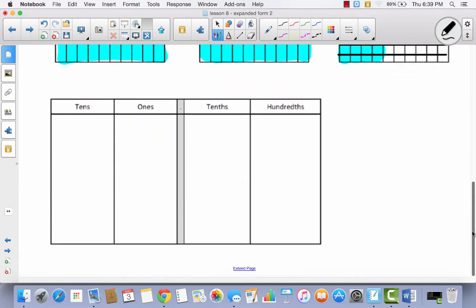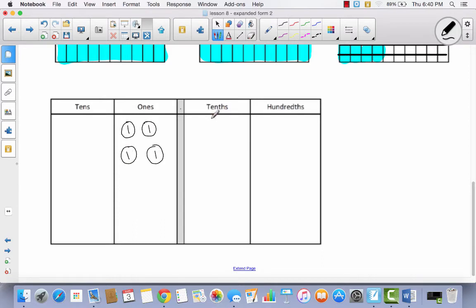All right, so the last thing we're going to do on this template today is we're going to be taking a look at this place value chart. And we're going to put in this place value chart 4 ones and 3 tenths. So let's go ahead and draw a place value disc. So let's go ahead and do 4 ones, 1, 1, 1, 1.